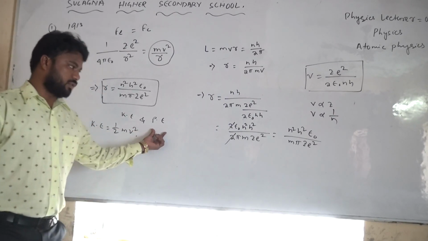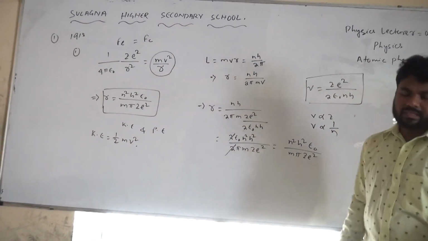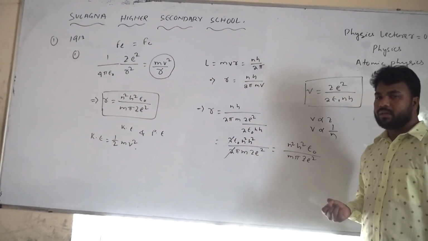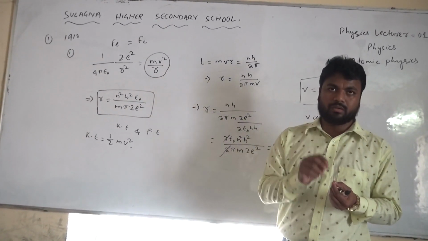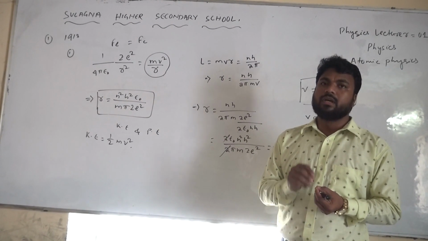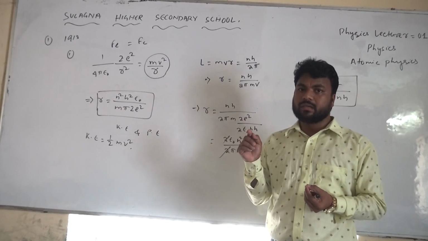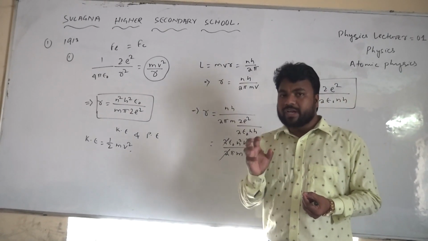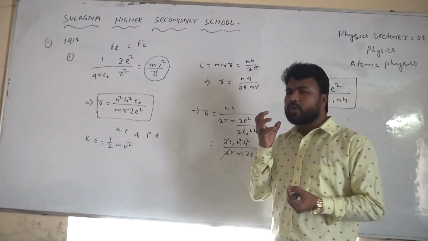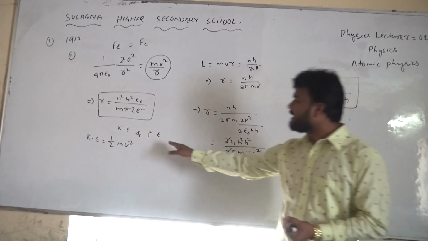And potential energy we have to calculate. If we bring an electron from radius r to infinite distance against the electrostatic force, some work is done against the electrostatic force, and that work is known as the potential energy.